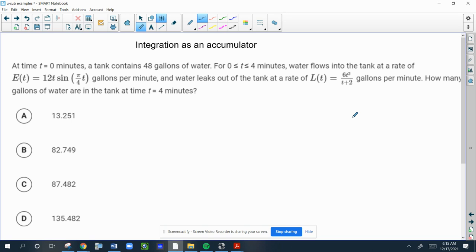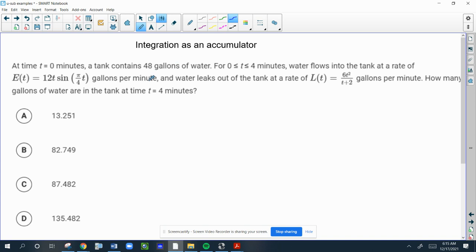So it wants to know how many gallons of water are in the tank at time equals 4 minutes. So the strategy to do this would be to determine the total amount that goes in, subtract the total amount that goes out. And don't forget that there was 48 to begin with.